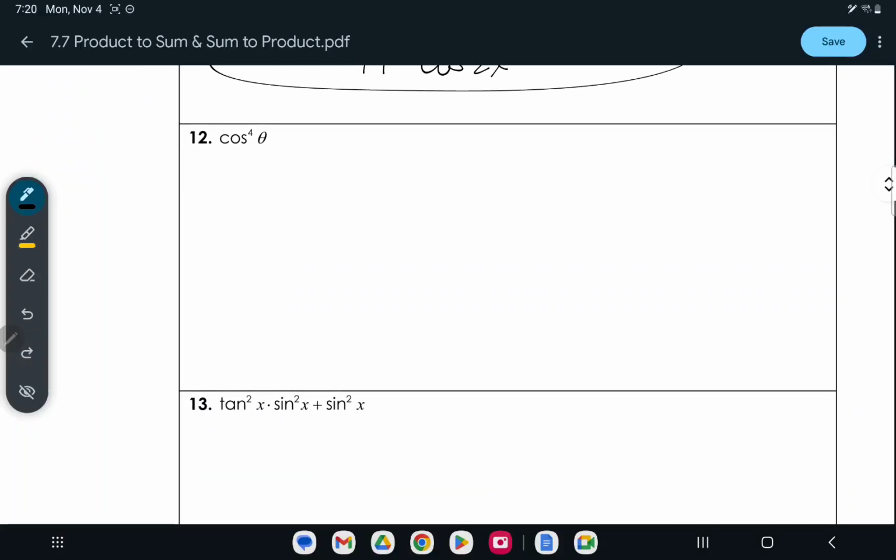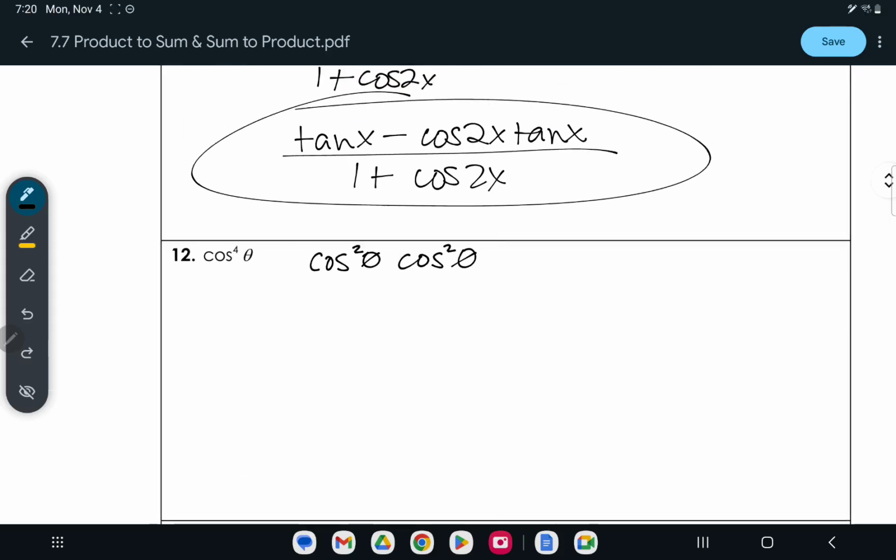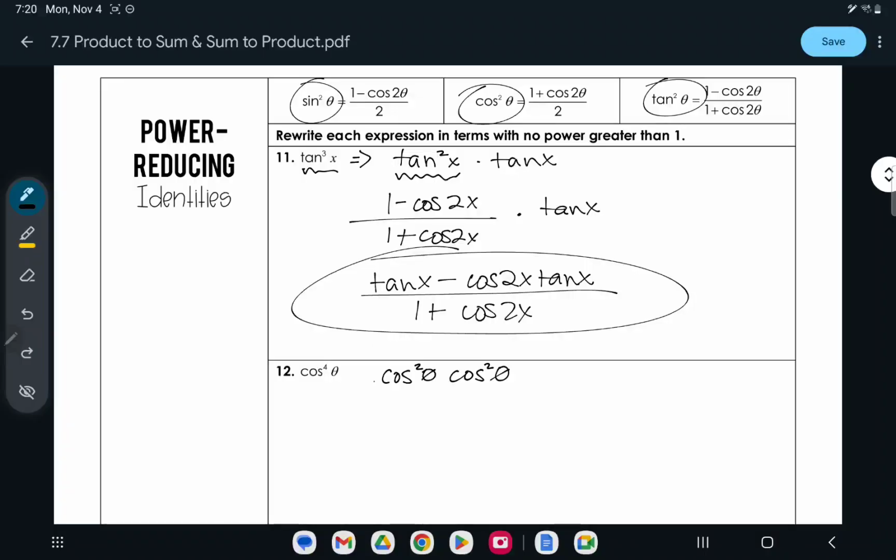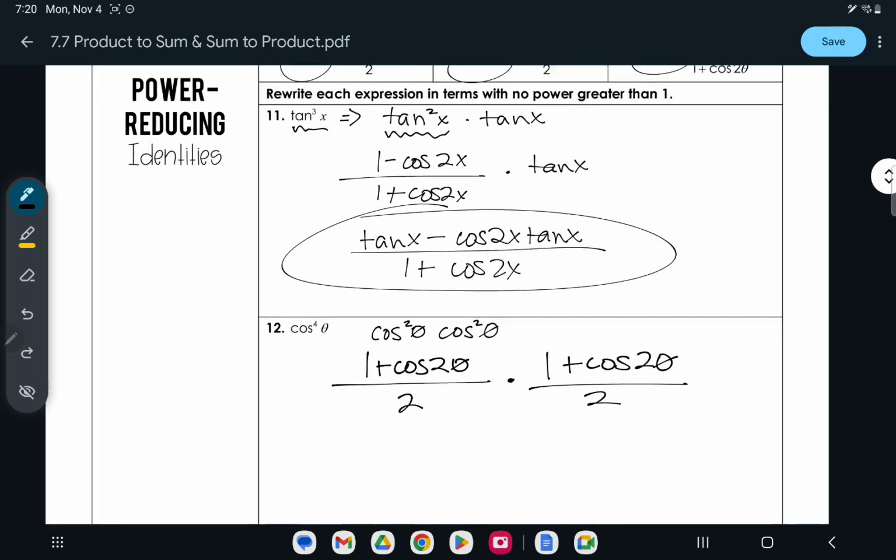Cosine, could rewrite that as cosine squared theta times cosine squared theta. And what is the formula? We got 1 plus cosine 2 theta over 2 times 1 plus cosine 2 theta over 2. Okay?